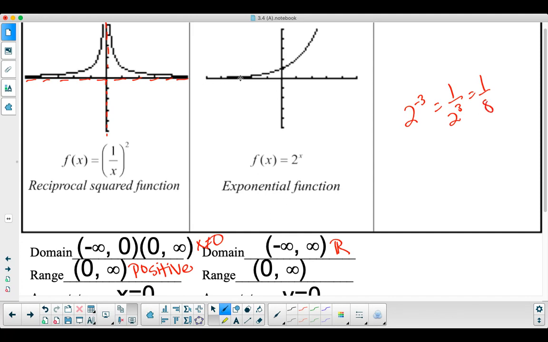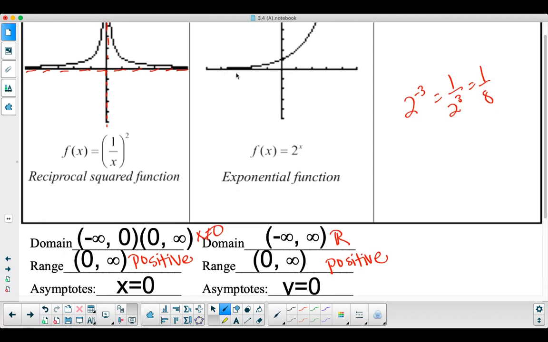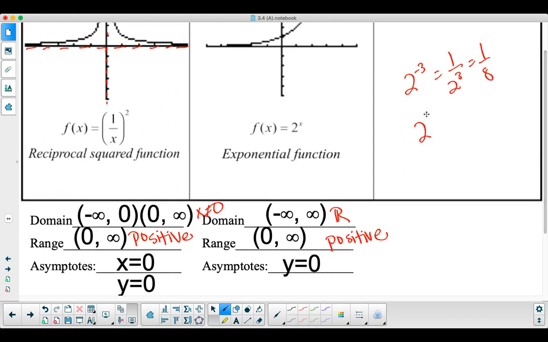So you're never going to quite reach 0, and you're never going to get negative values out. So only positive values are in your range. Since it doesn't ever reach 0, it's not possible to get 0 here, because if you put 0 in, you get 1. Your asymptote is the horizontal asymptote, y equals 0, right there.